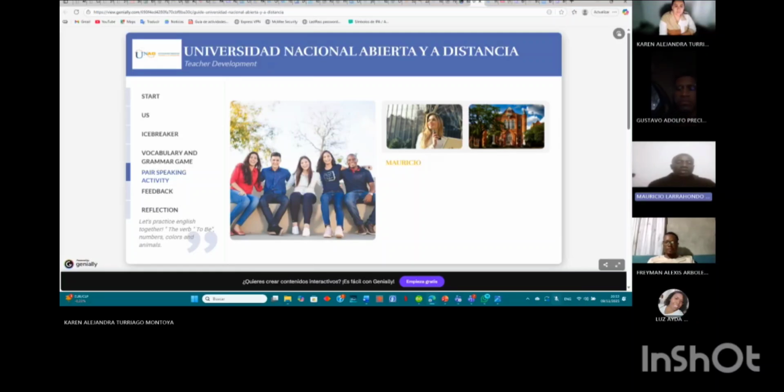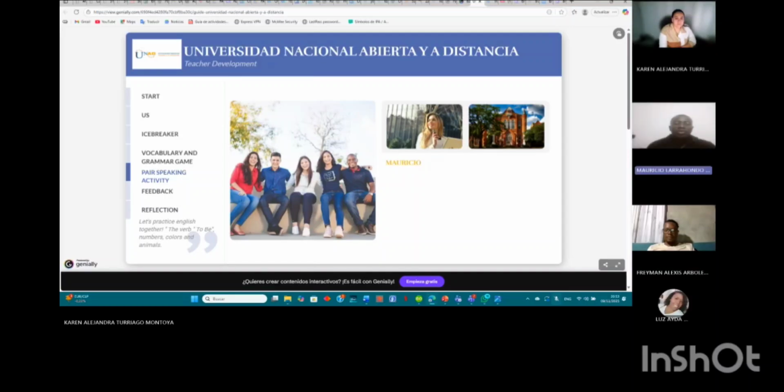I can see the verb to be is important. You present the student with different presentations. For example, a slide is visual, for example, images.